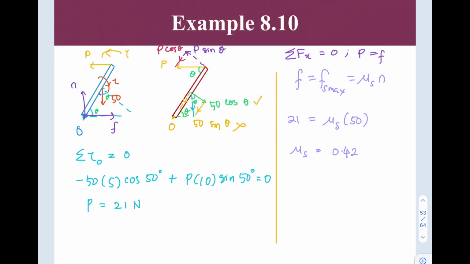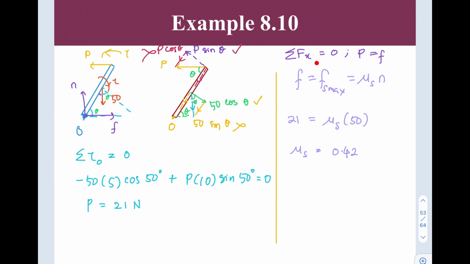For P cos theta, by a similar method to just now, if we visualize it, we can transfer it here, so it's passing through the pivot, point O. It has no perpendicular distance as well, so the torque due to P cos theta will be 0. But we do have torque produced by P sin theta, and D is the total length of the ladder, which is 10 meters. All of these must equal 0. From here, we solve for P equal to 21 Newton.